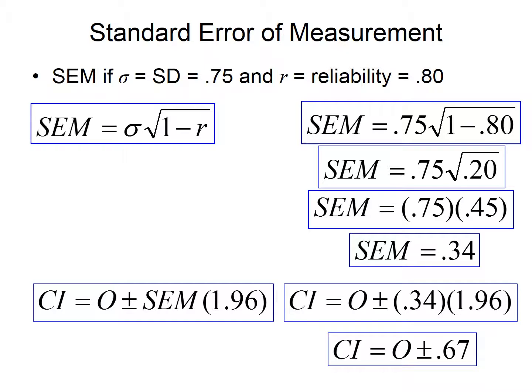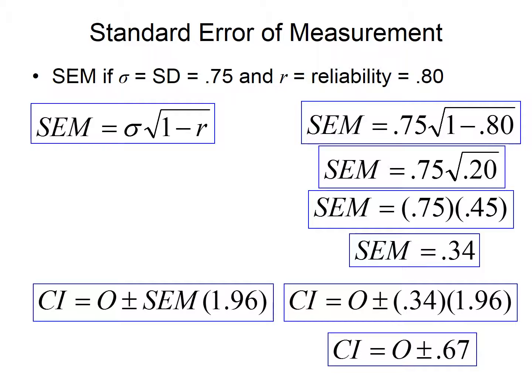But now what we want to do is put that into a confidence interval statement. The confidence interval gives us the plus or minus off the observed score that we have 95% certainty someone's score actually falls between. In this case, our SEM was 0.34. The second part of the equation is always a standard, 1.96.